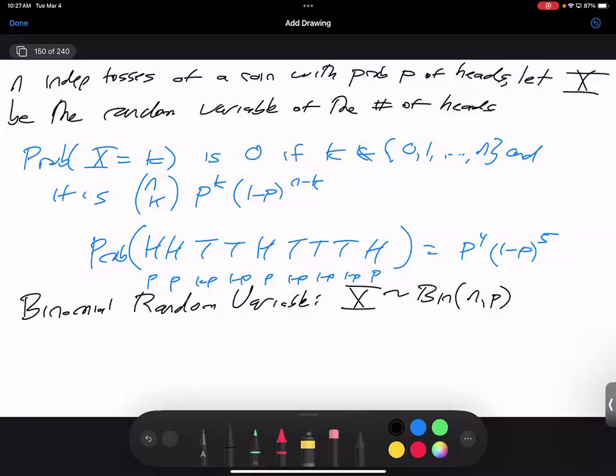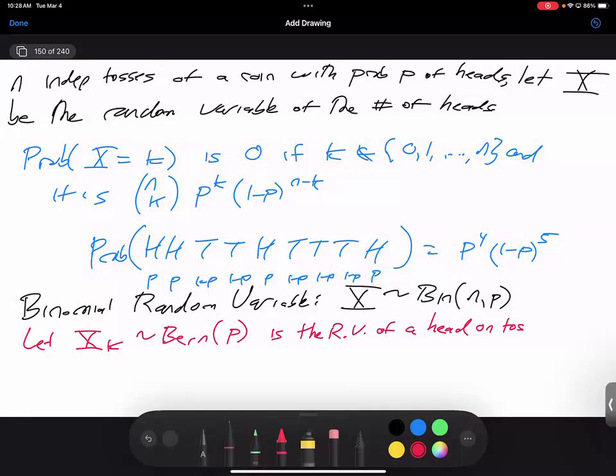Now what's interesting is, let X_k be Bernoulli p, the random variable of a head on toss k.